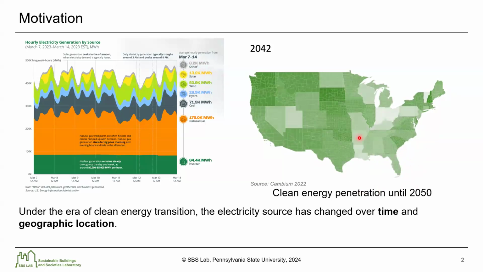According to this figure, different geographic locations show different percentages of clean energy penetration from now to the year 2050. You can see the clean energy penetration is increasing in the future. So how will it impact the carbon emission when we use energy?